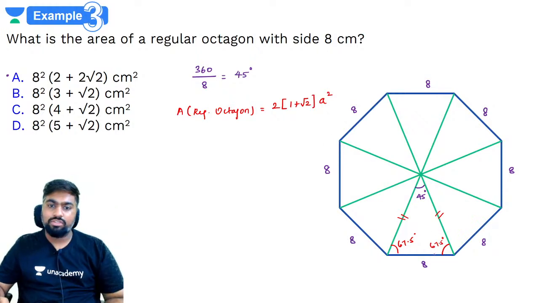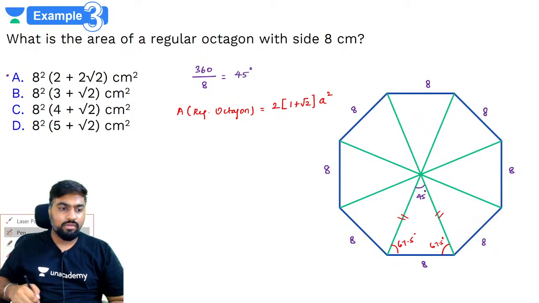Here we cannot use trigonometry also to get it, because this is 45, right? You can use tan 45 to get it if you want, but tan 45 will give you this side, then you draw the perpendicular, then you find out the height. Are you getting this?